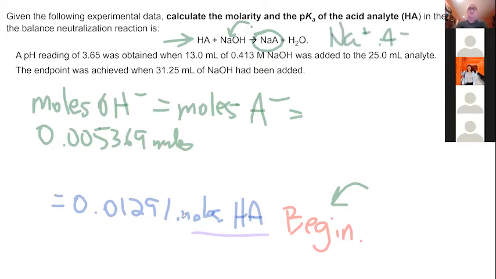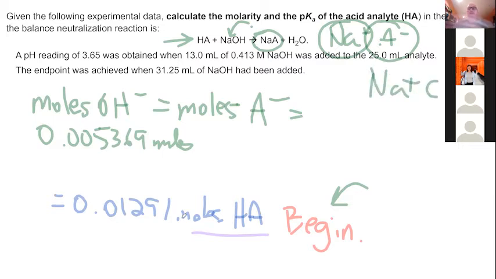NaA is Na plus A minus. So when we did our acetic acid titration, it was sodium acetate. If we titrated HCl, hydrochloric acid, we would get sodium chloride.